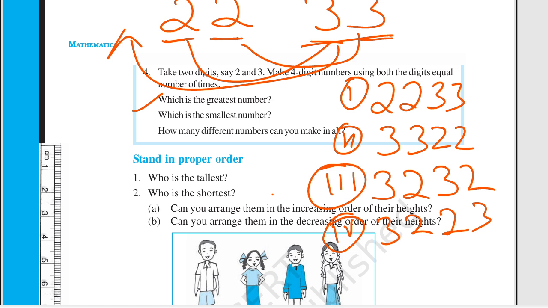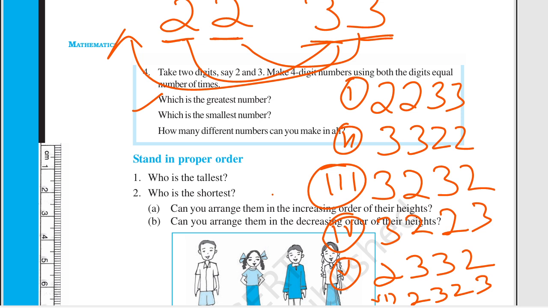Now we have already used 3 in front, now we can use 2 in front. Like the fifth one, 2, 3, 3, 2, like this. And the sixth one is 2, 3, 2, 3, like this.